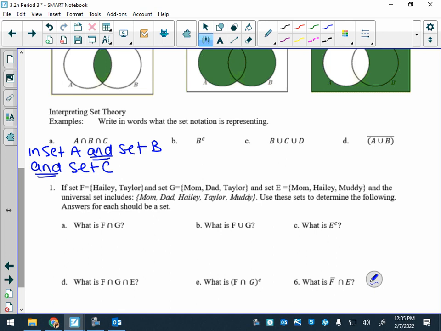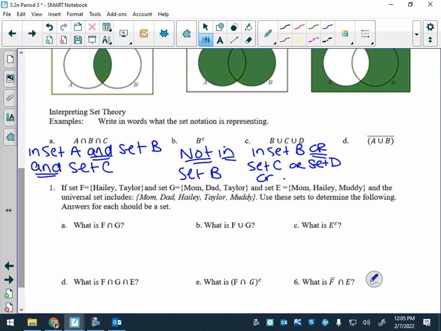So this means not in set B. Not in set B. Then when we have the U, it means union. So if we were to write it in words, this is in set B or set C or set D or all three.